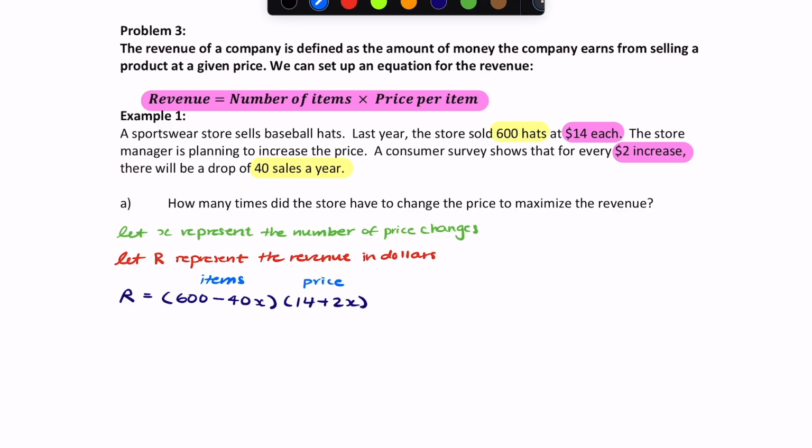So here it says, how many times did the store have to change the price to maximize the revenue? So whenever we see maximum or minimum, that means we're looking for the vertex. When we're looking for the vertex, there's a few ways that we can solve for it. So the first way is to complete the square.